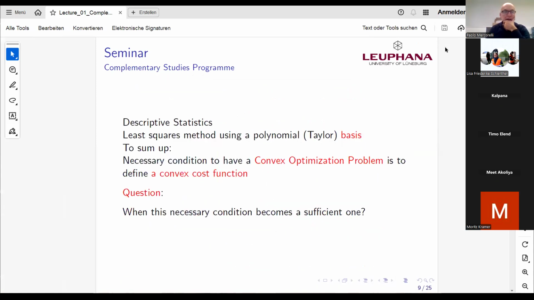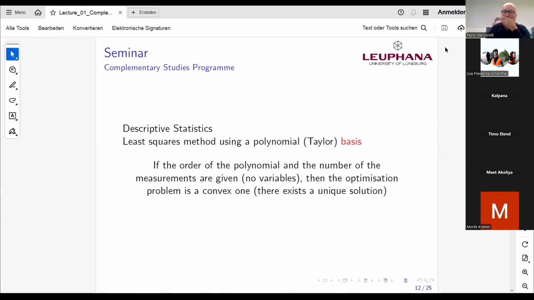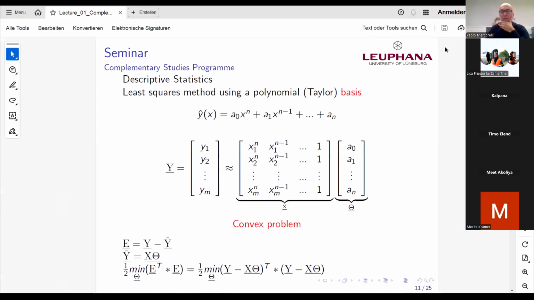Okay, let me reconsider a few words, starting from here. Do you remember this? Again, n is given. Could be 2, could be 3, could be 4, is given at this moment.